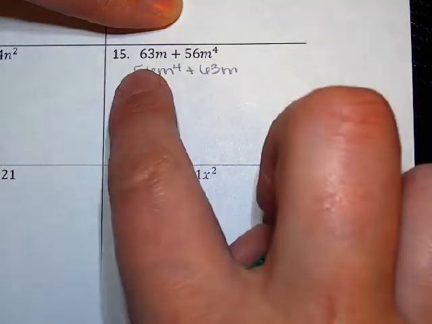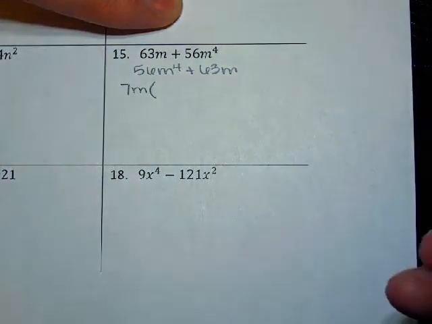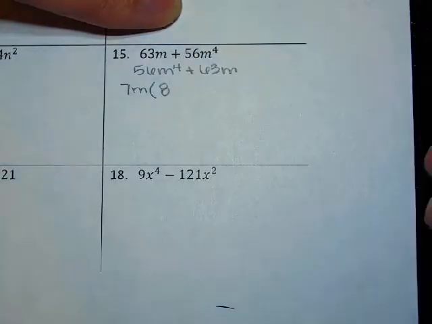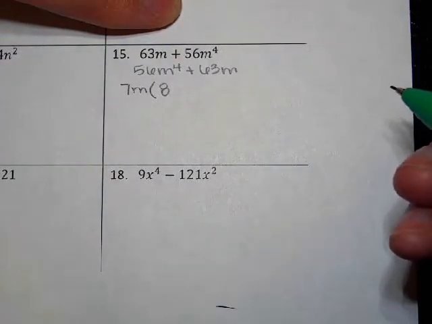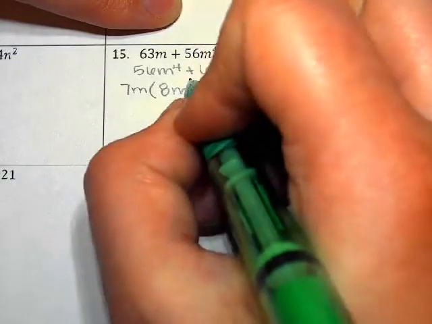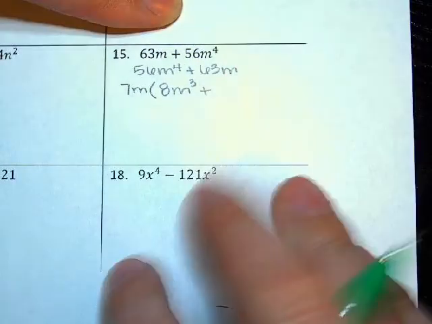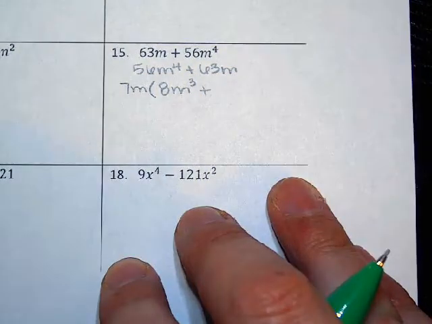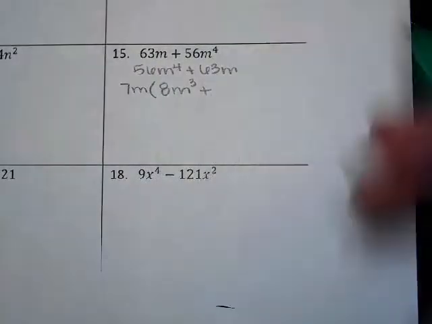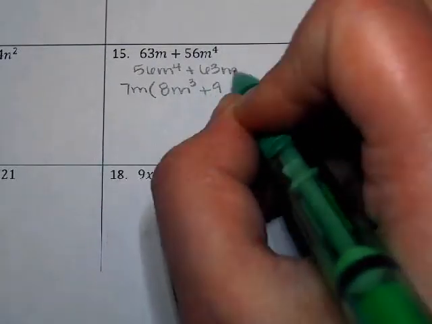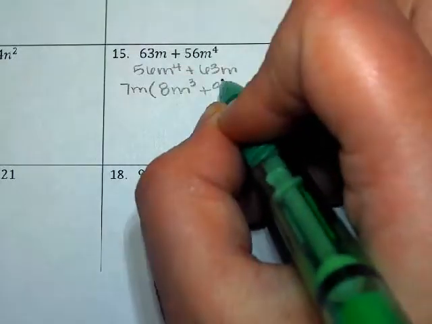So 56 divided by 7 is 8. And m to the 4th, if you divide out an m, what do you get? m to the 3rd. And then 63 divided by 7, 9. And since we took out an m, it's gone, and so we're done.